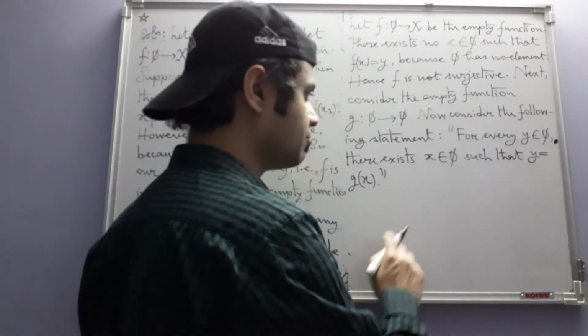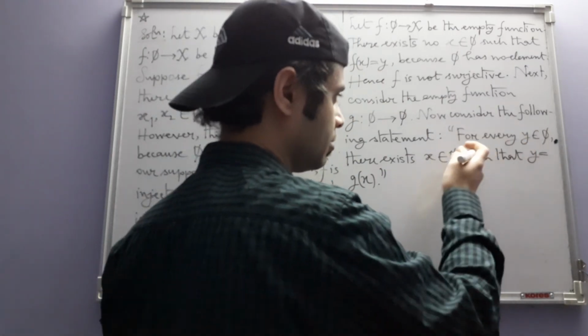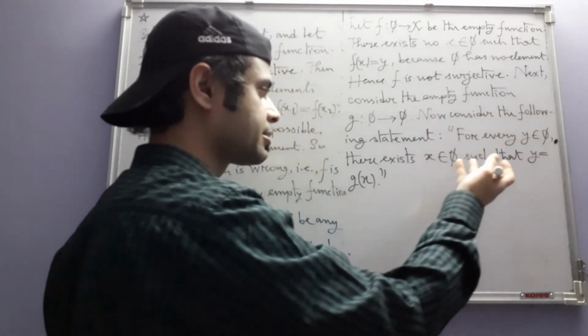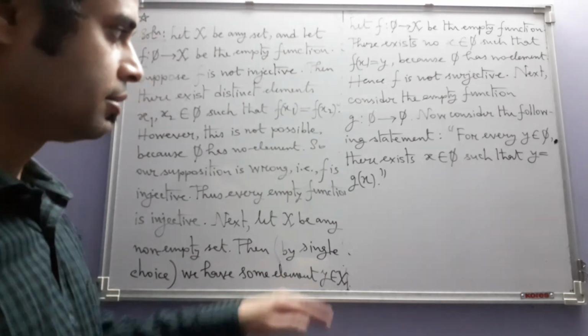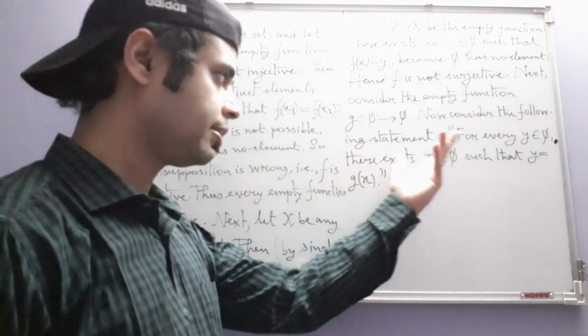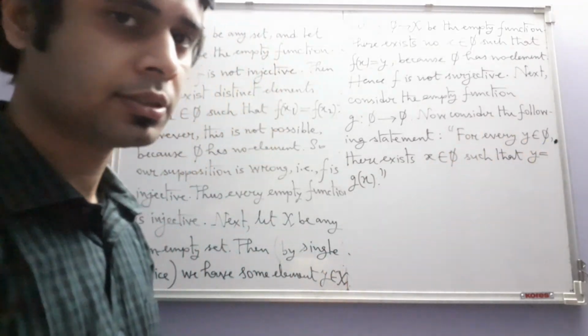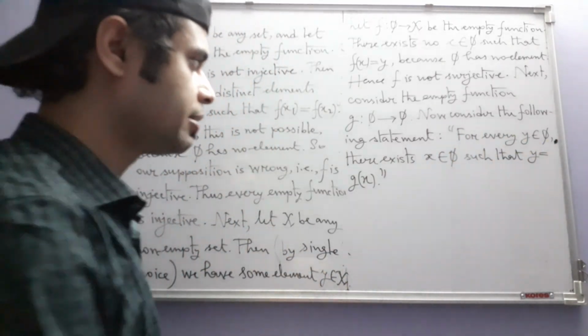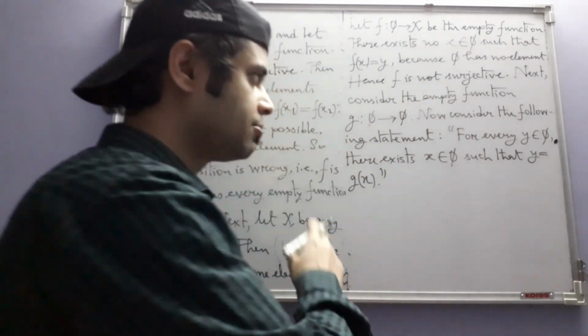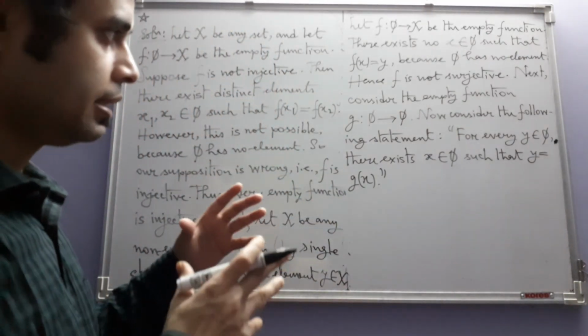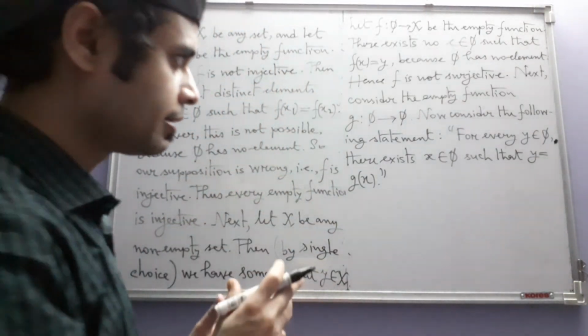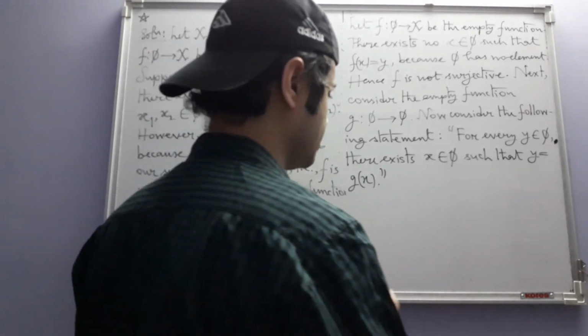It looks quite confusing because we are saying for every element in a set which has no element, there exists again an element in a set which has no element, such that something happens. But you have to keep in mind that in this type of situation, most often it's an implication, and the implication here is this.